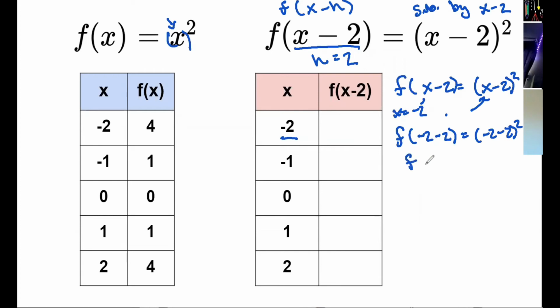Now this is going to be my f of x. -2 minus 2 gives me -4. And it's going to be on my right side over here. -2 minus 2 gives me -4. -4 squared. Well, let's go ahead and do that now. -4 times -4 gives me positive 16.